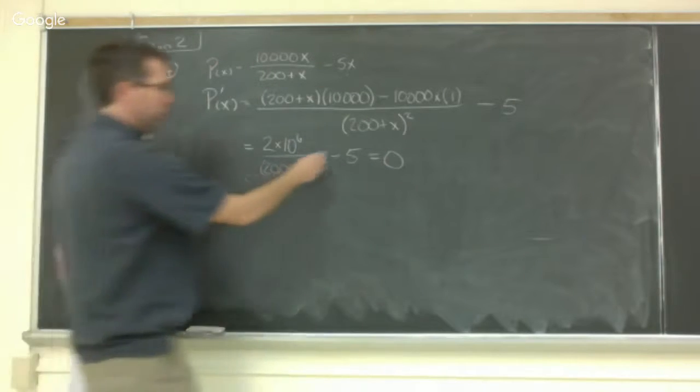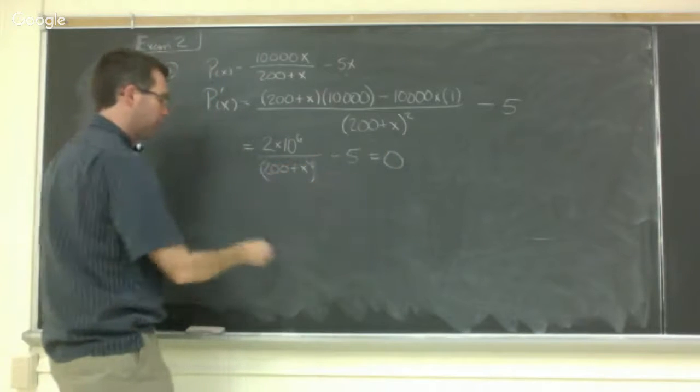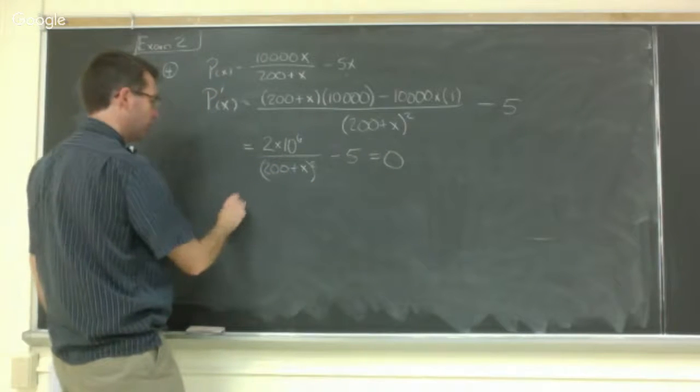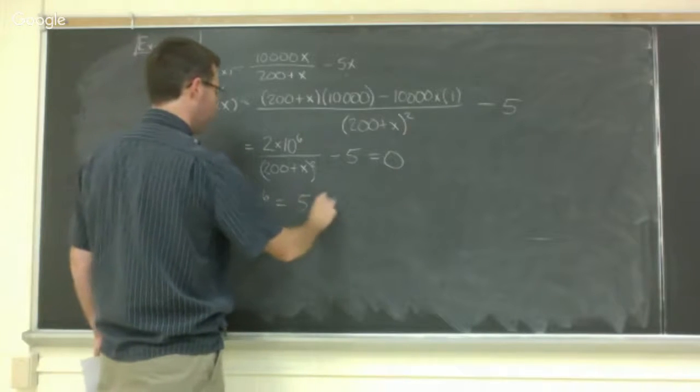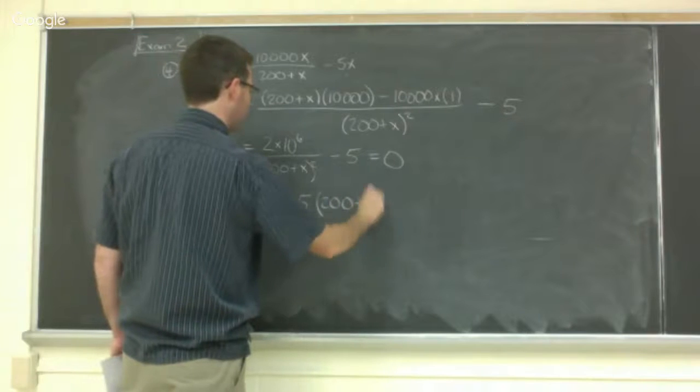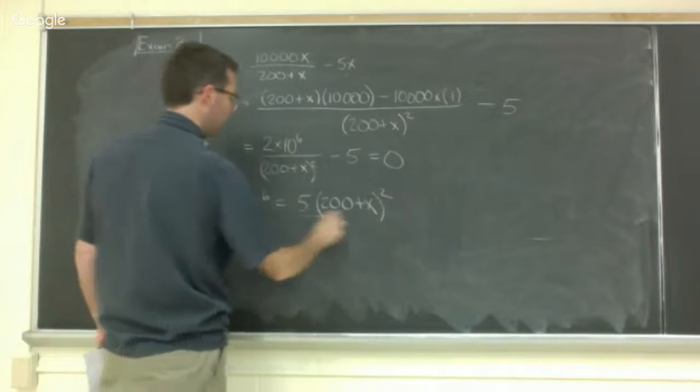So I'm going to add the 5 to the other side and cross multiply. So when I solve this, I get 2 times 10 to the 6th equals 5 times 200 plus x squared. Divide both sides by 5.